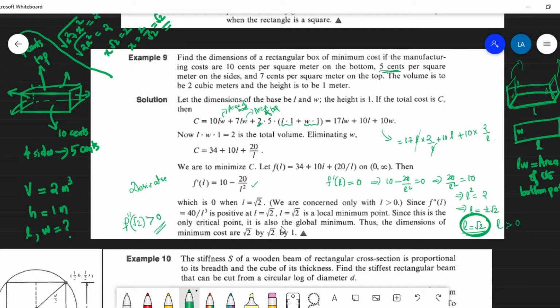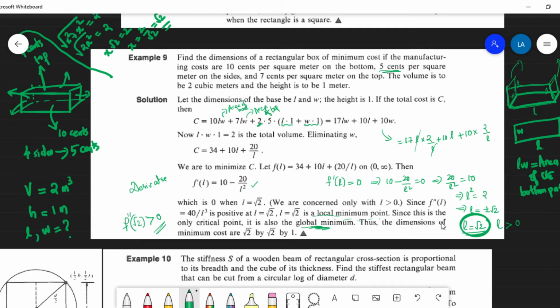So by our various tests for local minimum and local maximum, whenever the double derivative at a critical point is strictly greater than 0, that point will be a local minimum point. And since this is the only critical point we obtained when we equated f dash of L to 0, it is not only a local minimum, it is the minimum in the whole domain. We can call it a global minimum because it is minimum of all points.